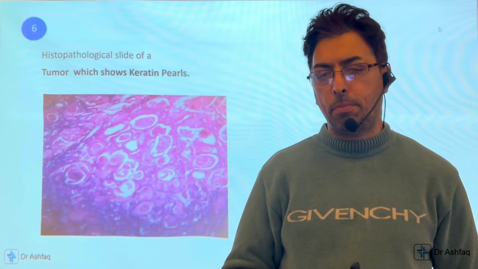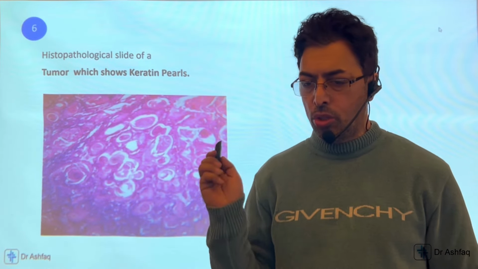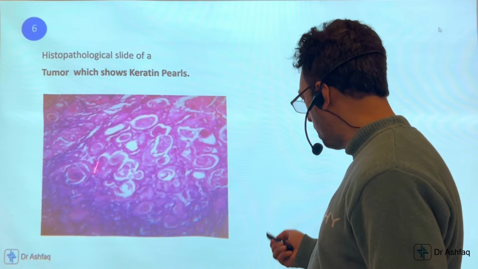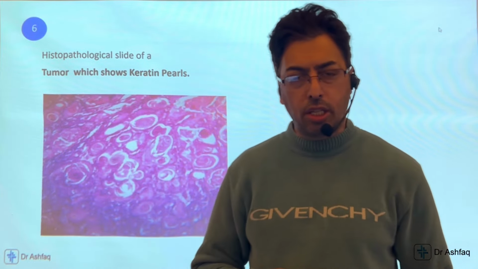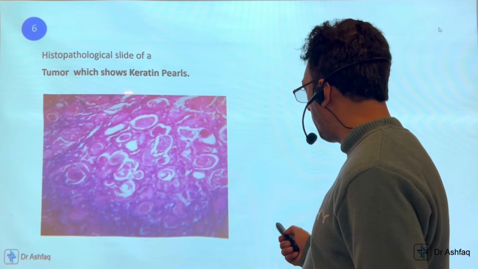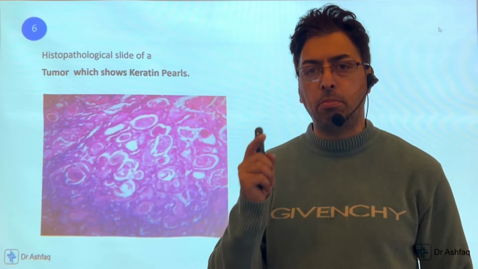Now, this is an important slide, you remember it, and the people who have appeared in the FMGE will have a good memory about this. This is a pathological slide of a squamous cell carcinoma, and the question was about keratin pearls. You have to remember this term, pearls.